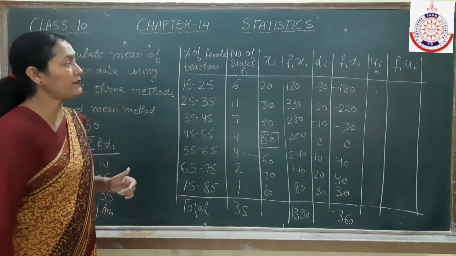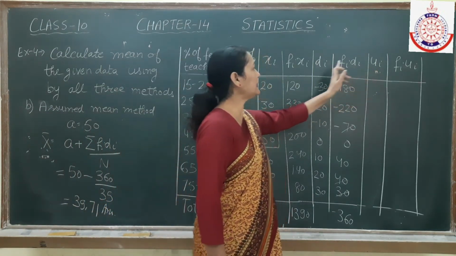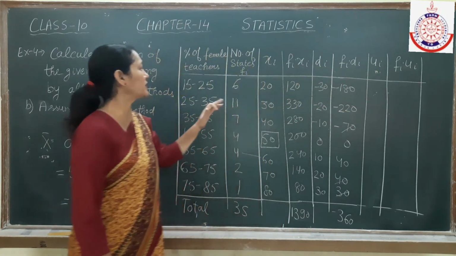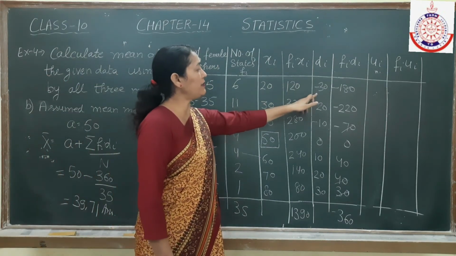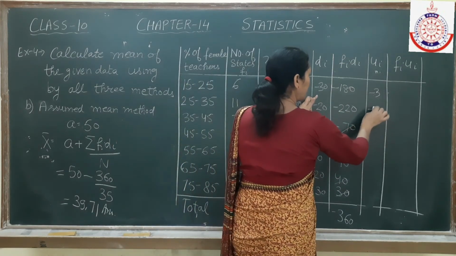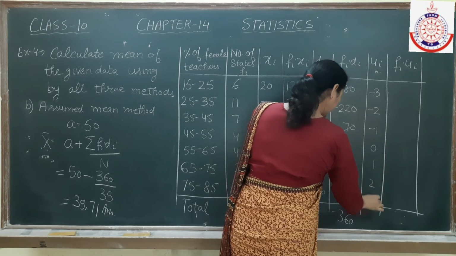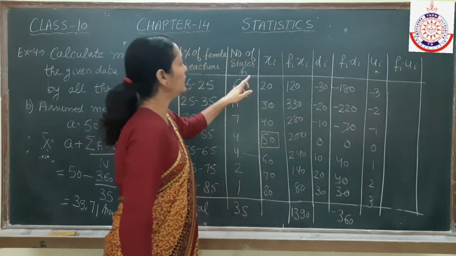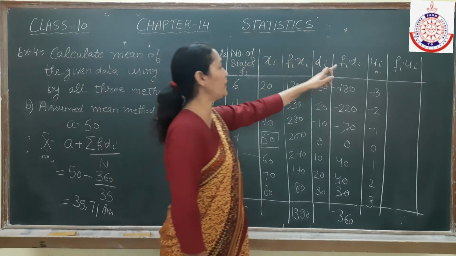Third one. Now we have to calculate by the step deviation method. And I have told you for the step deviation method, you will be finding ui by dividing di with the class width. And here the class width is 10. That means each di will be divided by 10. So we will be getting minus 3, minus 2, minus 1, 0, 1, 2, 3. And now we have to multiply fi with ui.